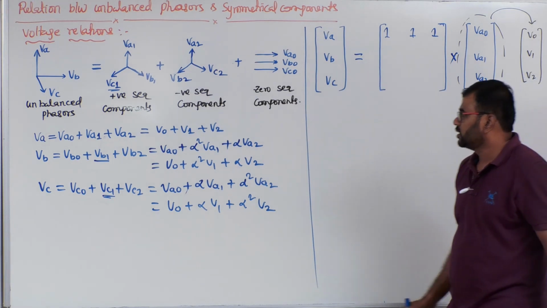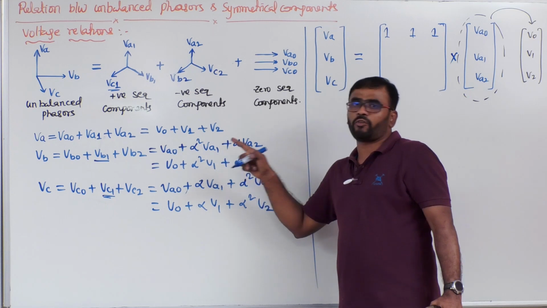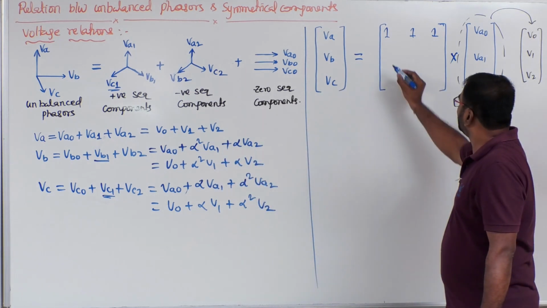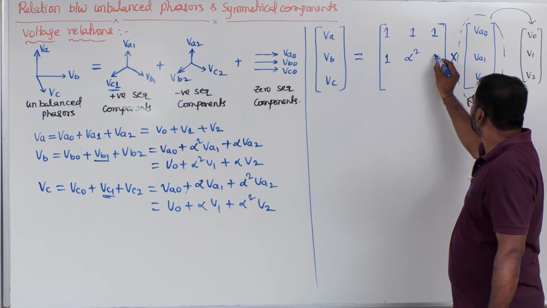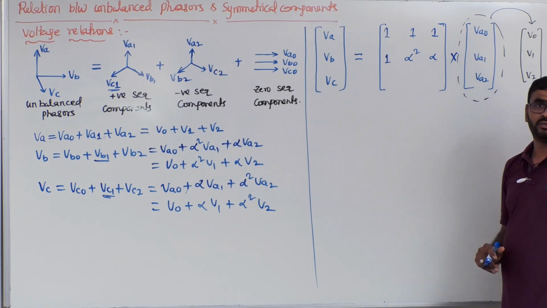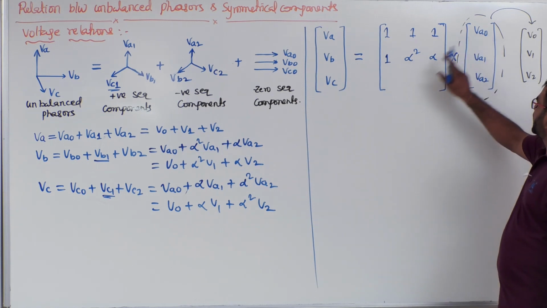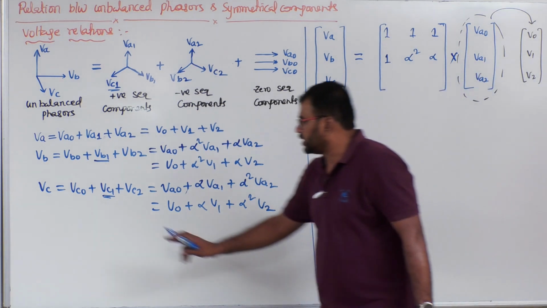Now VB is what? 1 times the VA0, alpha square times the VA1, alpha times the VA2. That means 1, alpha square, alpha. Clear? What about VC?